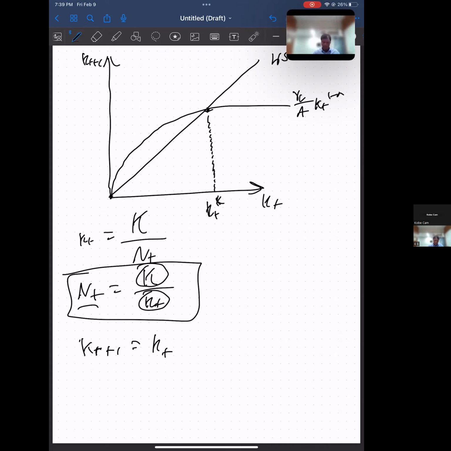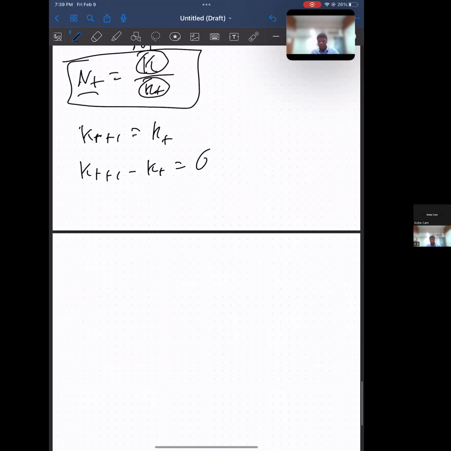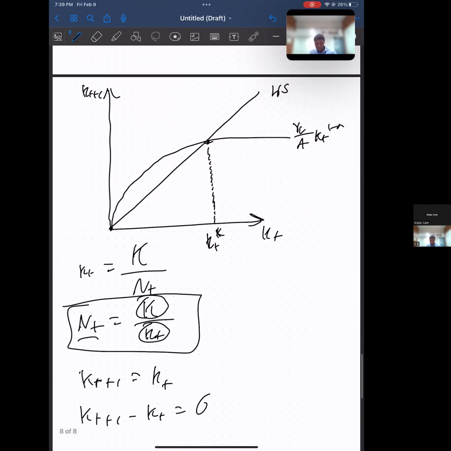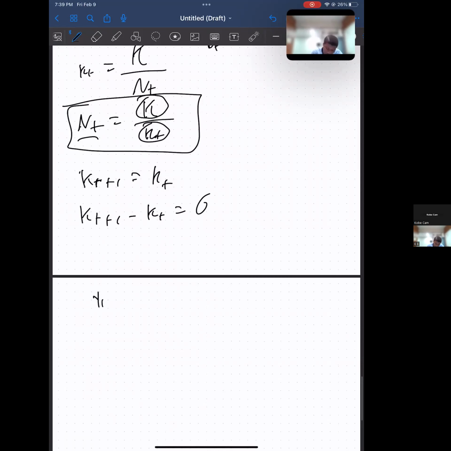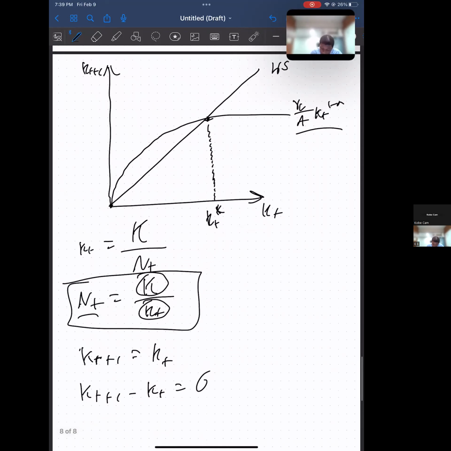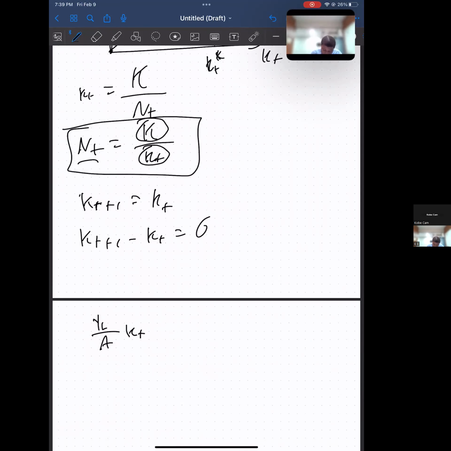Okay, well, that would mean that k_t plus 1 minus k_t is equal to 0. And we have the equation for k_t plus 1 right here. Let's use it. So we have Y_L k_t^(1 minus a) divided by A, minus k_t is equal to 0. Now we just have to solve for k_t.